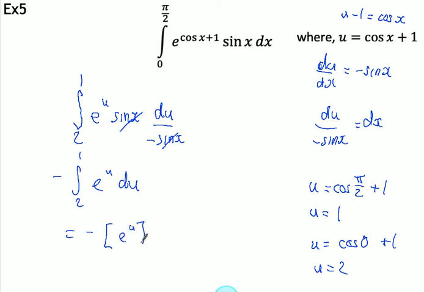When I integrate it, it becomes e to the u. And when I evaluate this, I end up with 4.67 to 3 significant figures. But worth noting, as an exact value, it would be e squared subtract e.